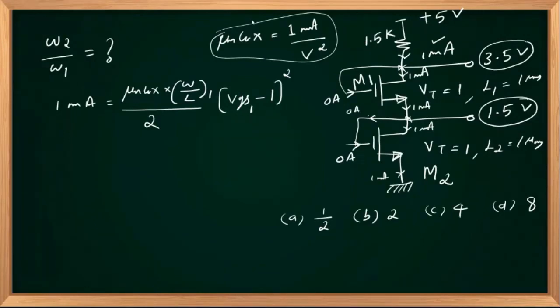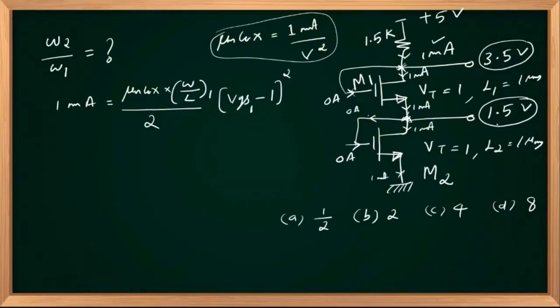So VGS1 of the upper transistor. What is VGS1 of the upper transistor? Right, Adira says C. Right, very good. VGS is the gate to source voltage, the same as drain to source voltage because gate and drain are shorted.